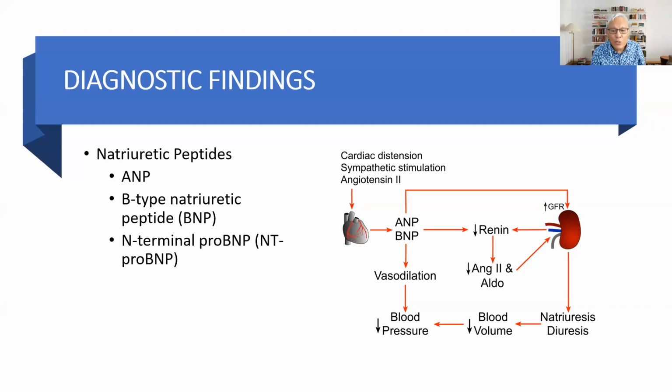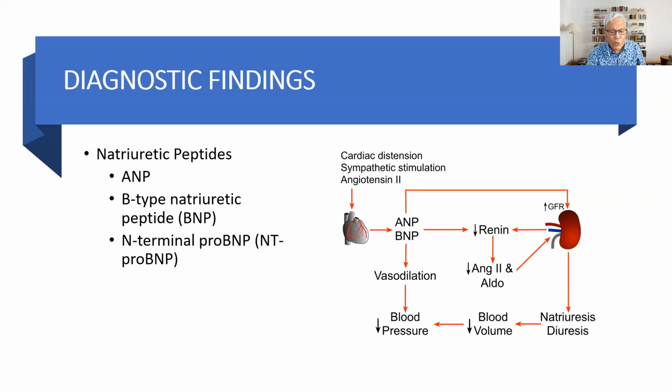The other one is what's called B-type natriuretic peptide. Again, these are secreted from the atria and the ventricles. And these peptides, again, are going to be excreted whenever there is a lot of volume that goes into it. And the other one is going to be your NT-proBNP levels. Again, this is going to be the same thing.